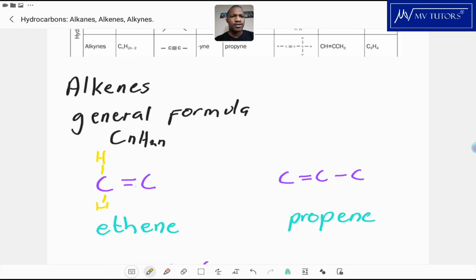This one already has 2, so it needs 2 more. This one already has 2, so it needs 2 more. This one has 3, 1, 2, 3, so it just needs 1 more. Put it on top. This one has 1, so it needs 3 more.